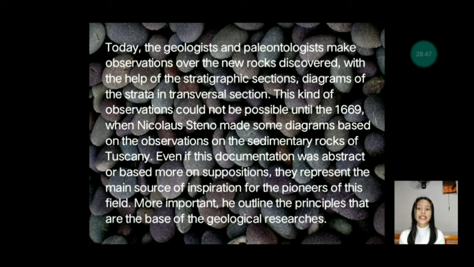Even if this documentation was abstract or based more on supposition, it represents the main source of inspiration for the pioneers of this field. More importantly, he outlined the principles that are the basis of geological research.